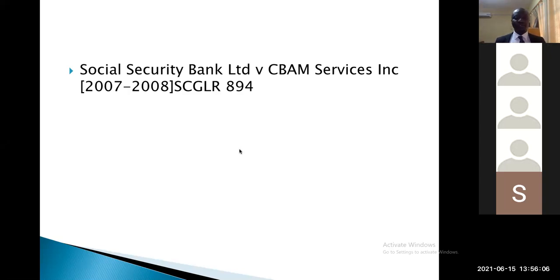So in the Social Security Bank Limited case, there was a contract between CBAM Services, that is the appellant, and SSB with respect to money transfers, what they call MoneyGram.